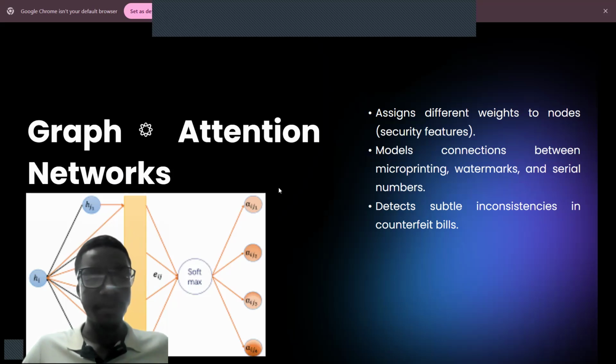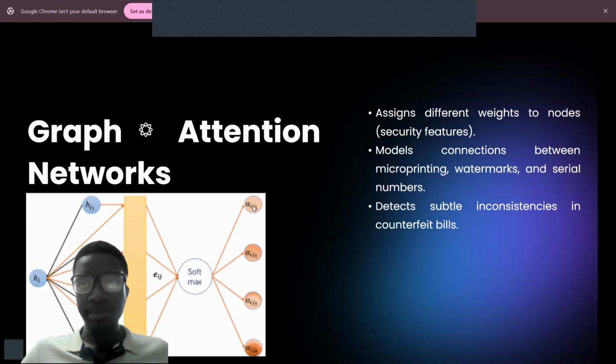First of all, let's talk about the graph attention networks. This one has a target node, which is connected to other nodes of interest depending on what you're working on. For example, in counterfeit currency detection, we can have other nodes such as security features like holograms, watermarks, and other features.